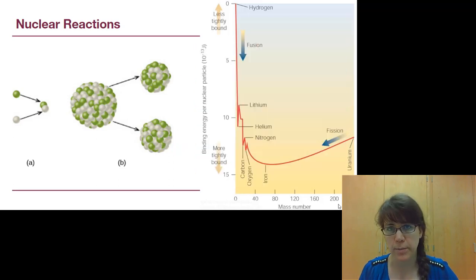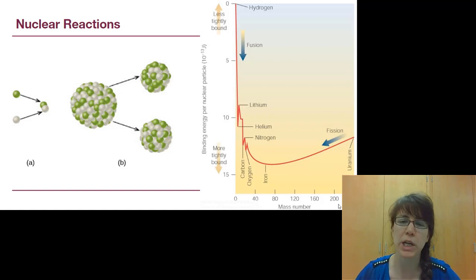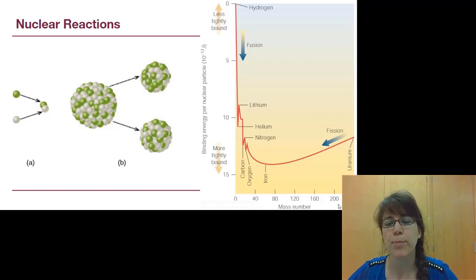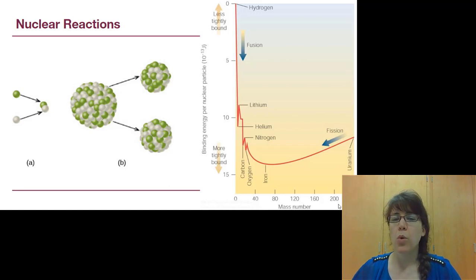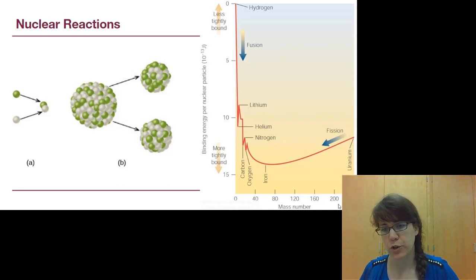This picture here is going to show up when we need it in like chapter 23, 24. But I want to introduce it briefly right now. When we go from the left to the right on the chart, we're going to bigger mass numbers, which means we're going through fusion.